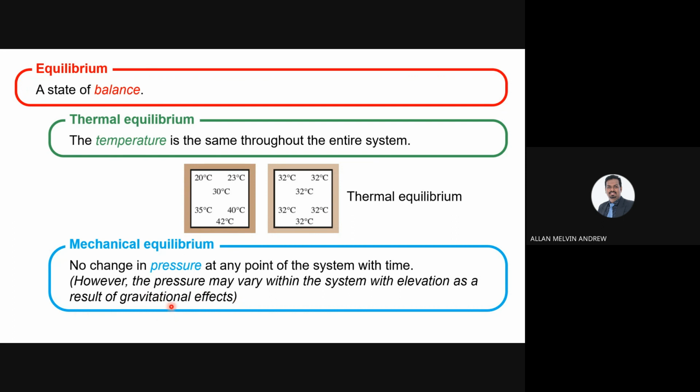If you are closer to the earth's core, which generates the gravitational effect, then you are near it. If you are far from the core, meaning at the peak of the mountain, the pressure will be lower.